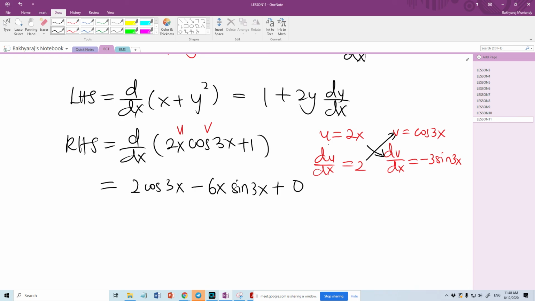Any problem so far? Can do? The 6 comes from 2 times 3, you get negative 6. So you have x sin 3x.